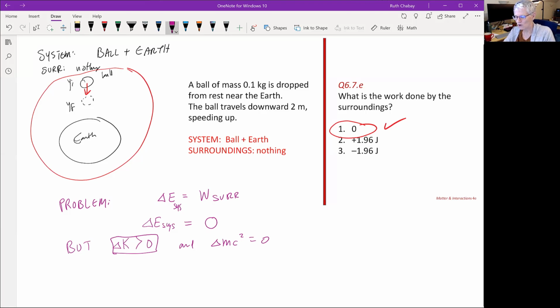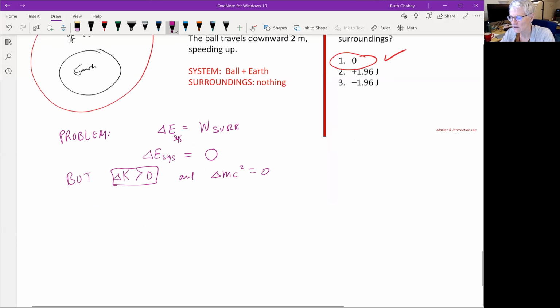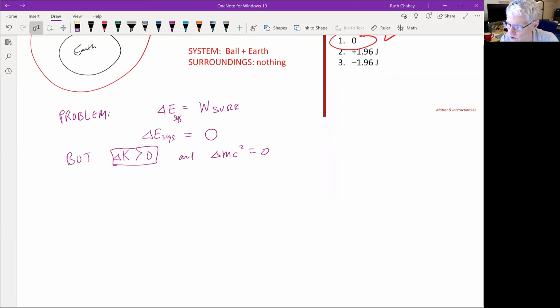So something's wrong here. It looks like we've got 0 input of energy from the surroundings leading to an increase of energy of the system. And that can't be right. So what we need is a new kind of energy. We need to adjust our bookkeeping so that we're actually counting this correctly.